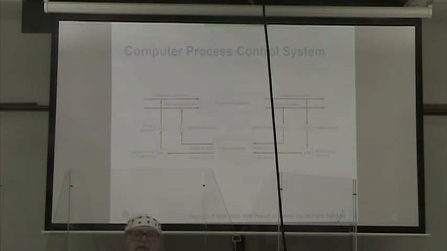We have continuous parameters and discrete parameters coming in. And then on the output, we have continuous variables and discrete variables. So the discrete variables are measured by discrete sensors, goes to the control computer.